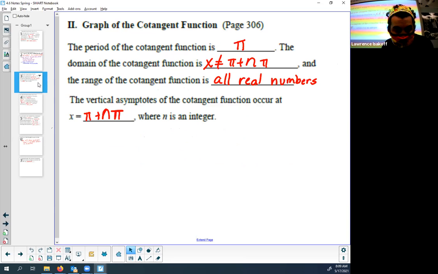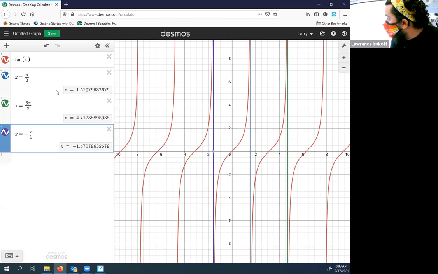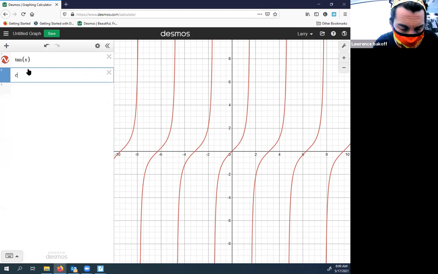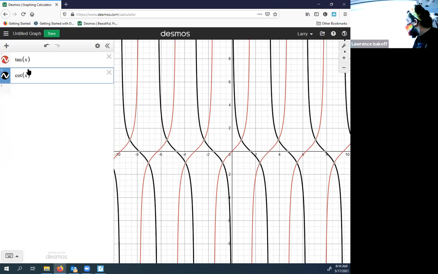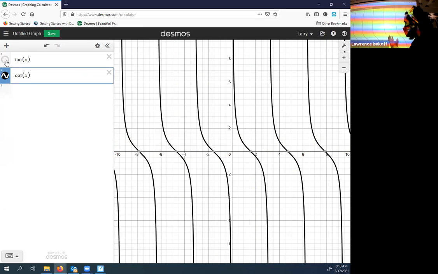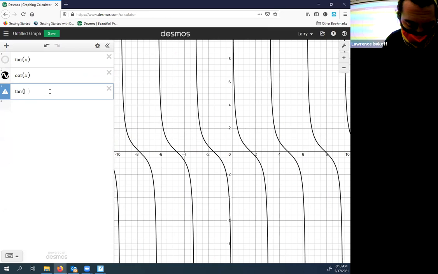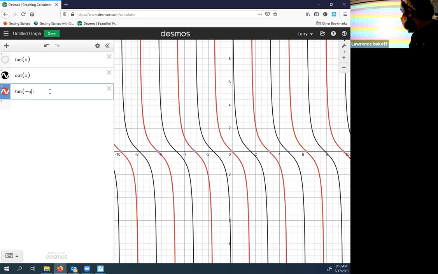Cotangent looks the same, it's just shifted over. So if I look at cotangent compared to tangent, we see this happening. Let me turn off the tangent for right now. It kind of reflects it around and shifts it over. So watch this. If I did the tangent of negative x, we start to see that go in the same way.